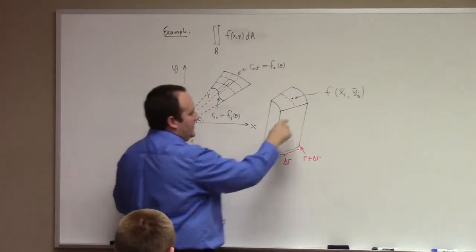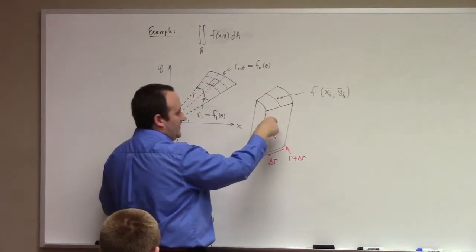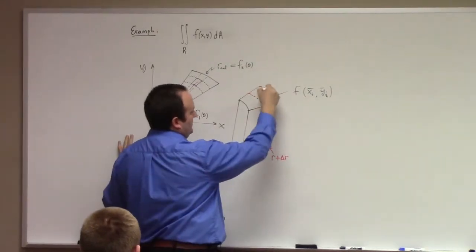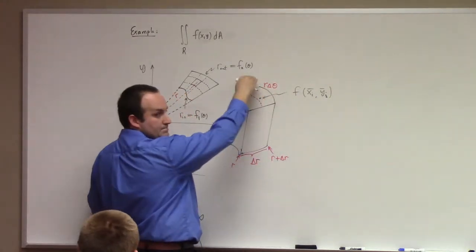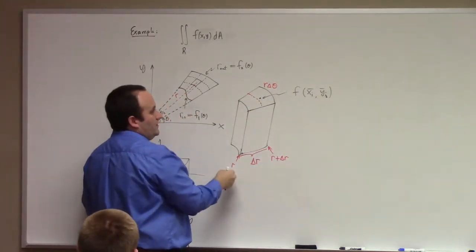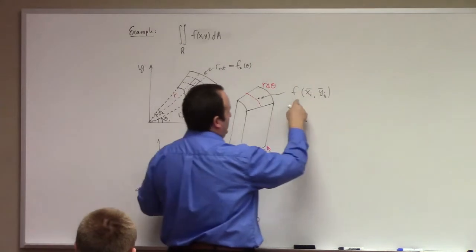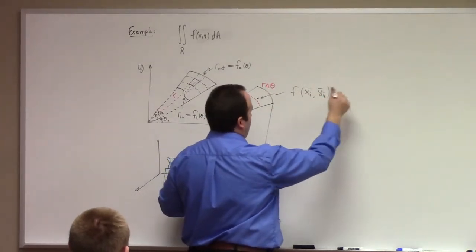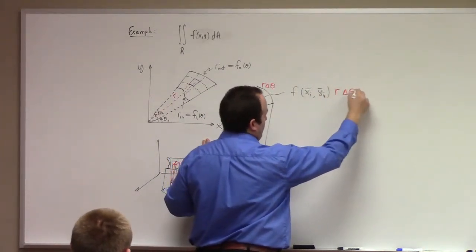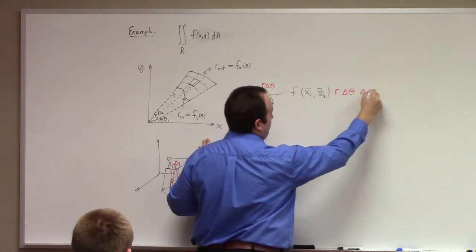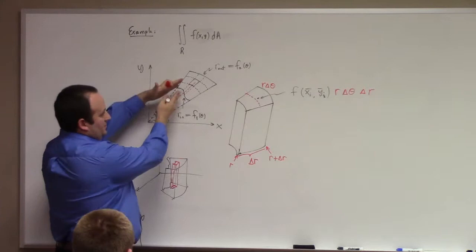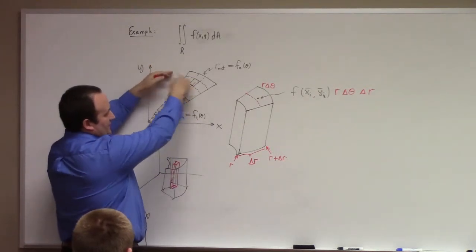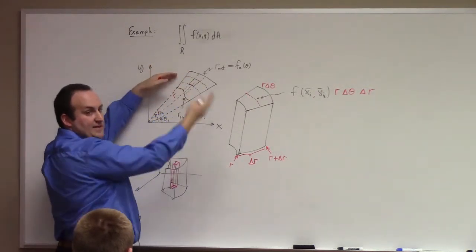To a crude approximation, the area of this is something like, this arc length is something like r delta theta, right? So to get the volume of this, I would do this times r delta theta times delta r. And then I just have to let the number of these subdivisions go to infinity and add these up.